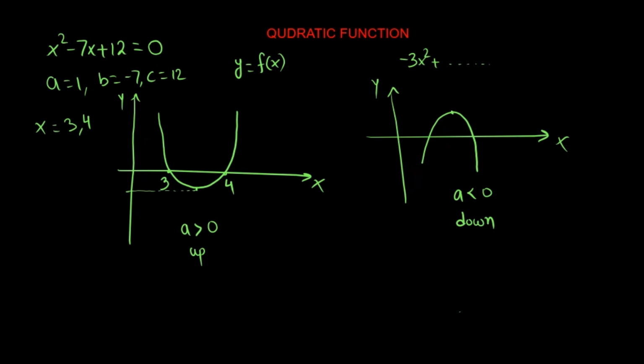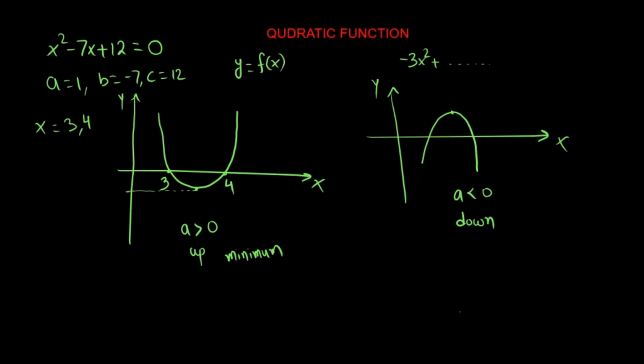It's the lowest value of y, and y is same as the function. So we can say that it's the lowest value of the function. And this is called minimum. Lowest value of the function, or the smallest value, is the minimum point of the function.